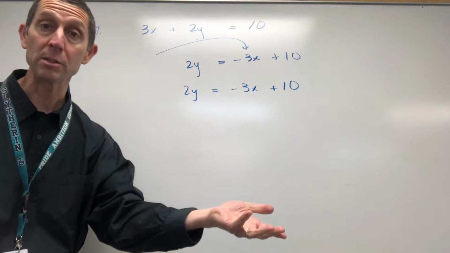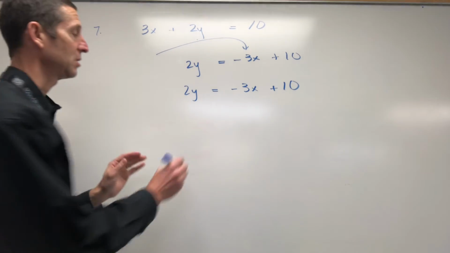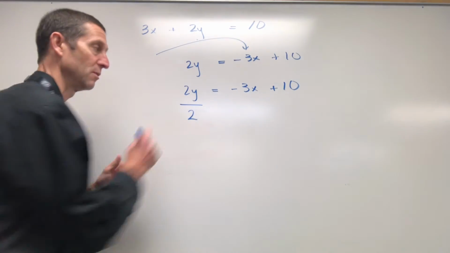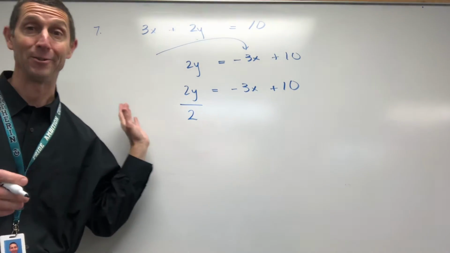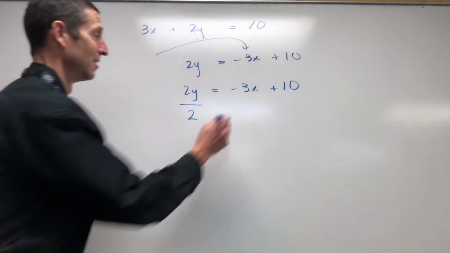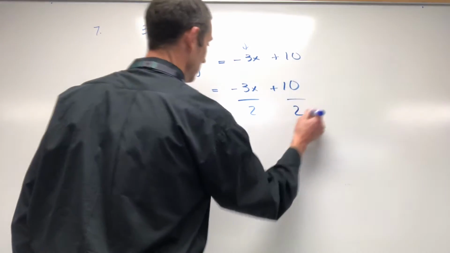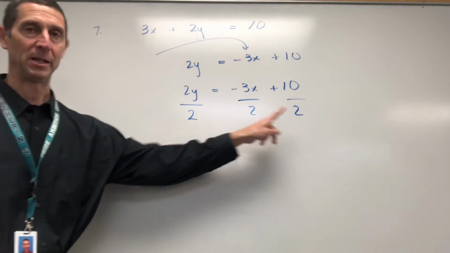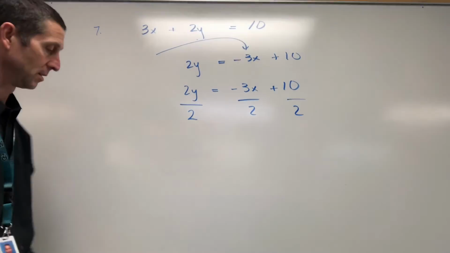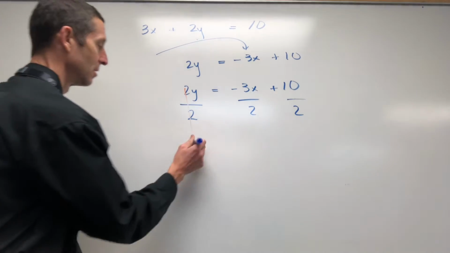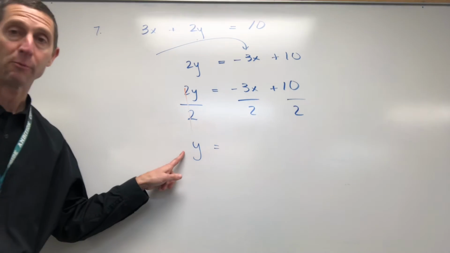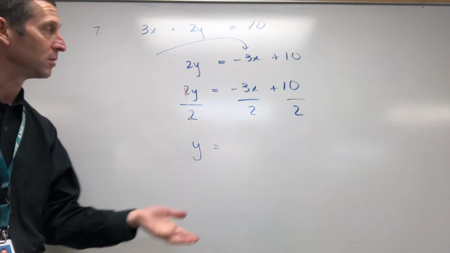The 2's been multiplied in, so for us to get rid of that, we have to divide by 2. But you can't just do it right here. The rules say you got to do it all the way across. So everything divides by 2. Divide by 2, divide by 2, divide by 2. Nice thing is, those 2's cancel, and now we do have y all by itself.